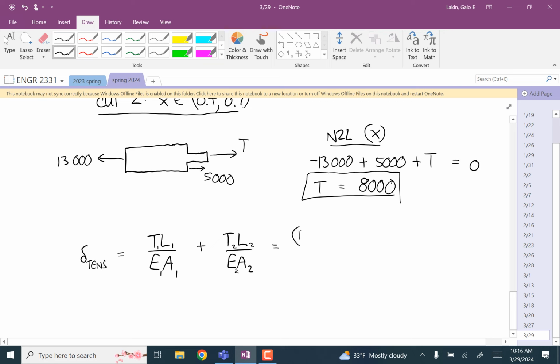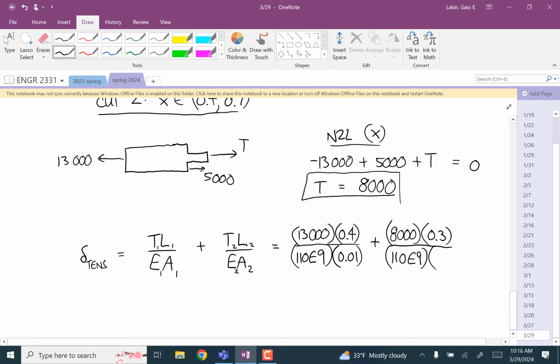So that's 13,000 times 0.4 divided by 110 gigapascals times the cross-sectional area of that first piece, plus 8,000 times the length of the second piece divided by 110 times 10 to the 9th times 0.003.